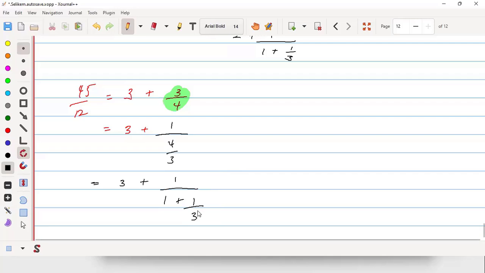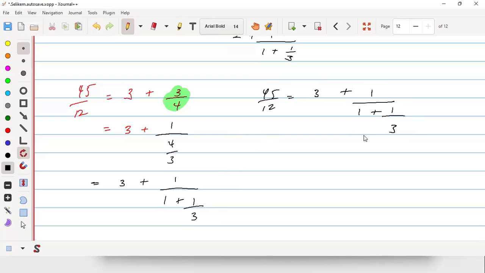And because this is ending in 1, we are done with the question. So 45 over 12 as a continued fraction is equal to 3 plus 1 over 1 plus 1 over 3. We good? Yes.